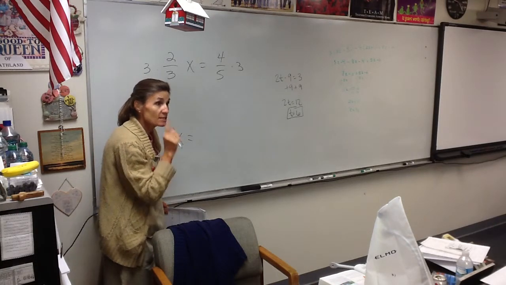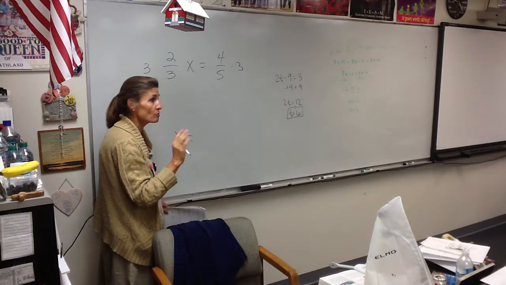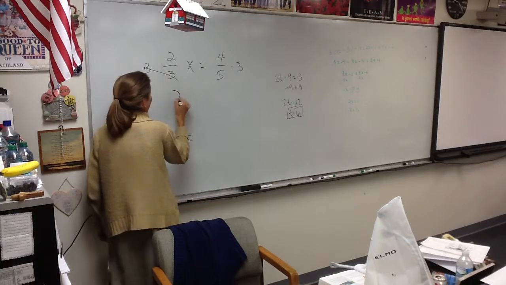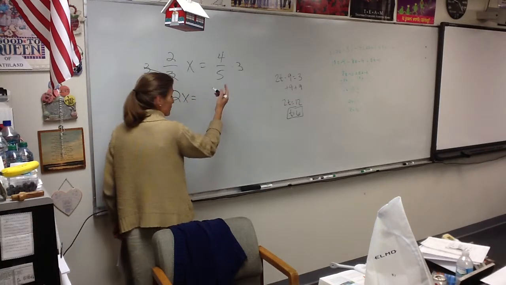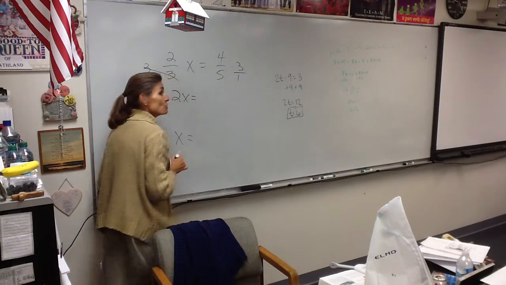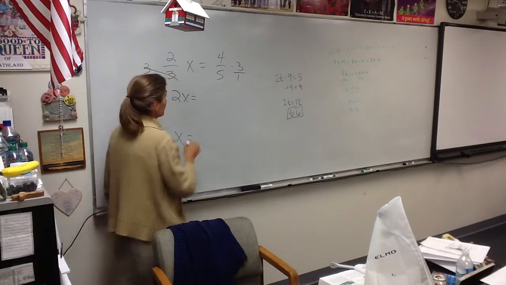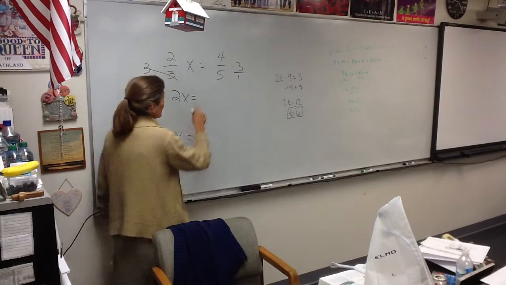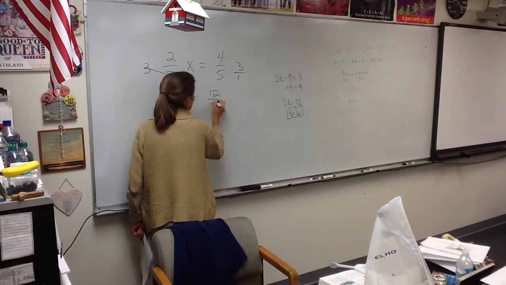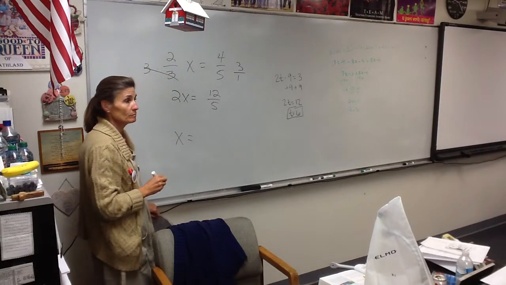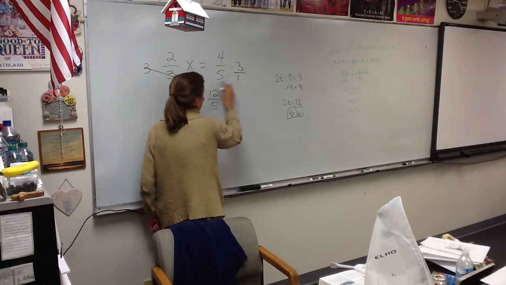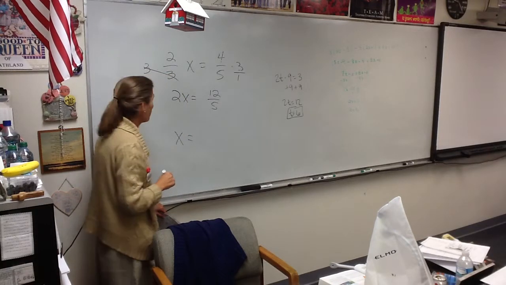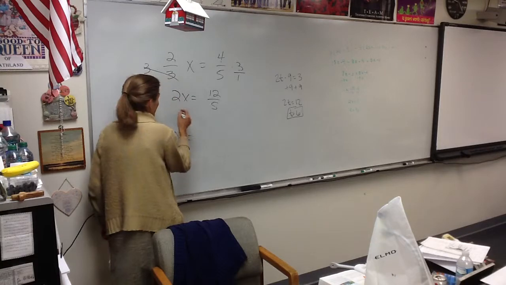There's other choices. We'll talk about other strategies. If I times by 3, I'll have 2x. Now I gotta multiply 4/5 times 3 over 1. It's top times top and bottom times bottom, right? So that's gonna be 12 over 5. Now I would divide by 2.